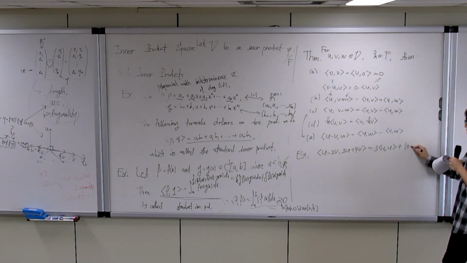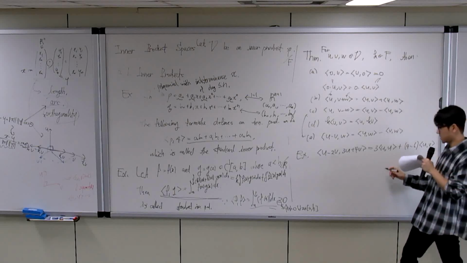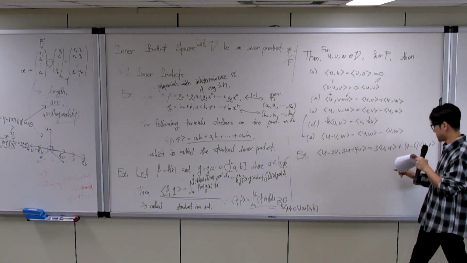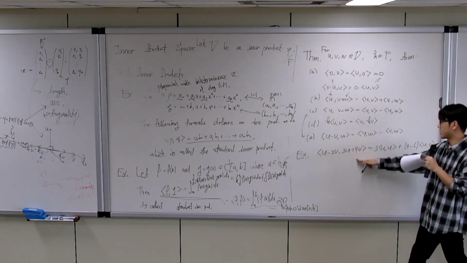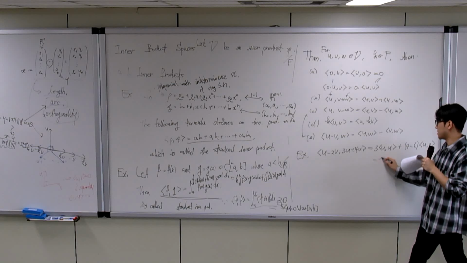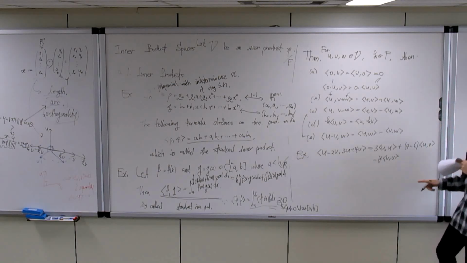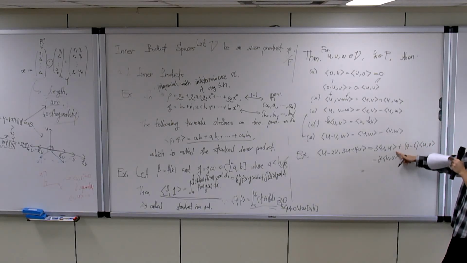So 4 minus 6 times (u,v). It has symmetry properties, so I will write them as the same term. And finally, minus 2v product 4v is minus 8 (v,v).